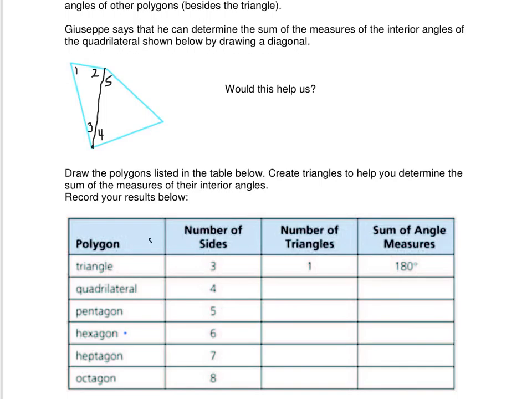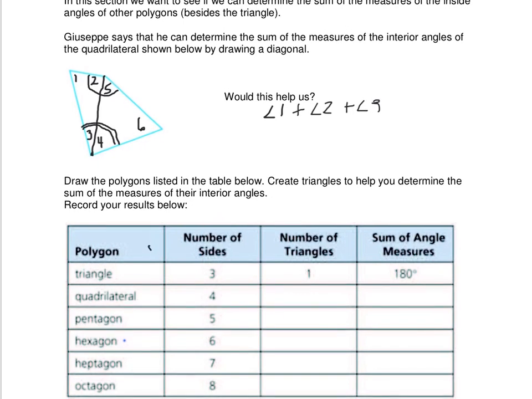Basically, we know that the angles in this figure are angle 1, angle 2, and angle 5 together form another angle in the figure. Angle 3 and angle 4 together form another angle in the figure, and angle 6. So the sum of angle 1 plus angle 2 and angle 3, and then we've got the other 3 angles, angle 4, angle 5, and angle 6.